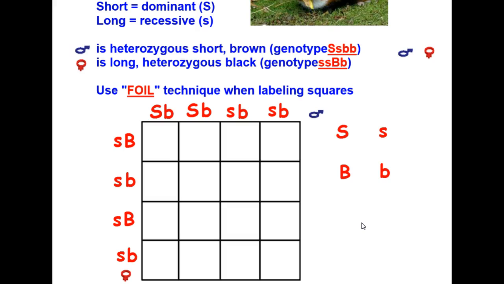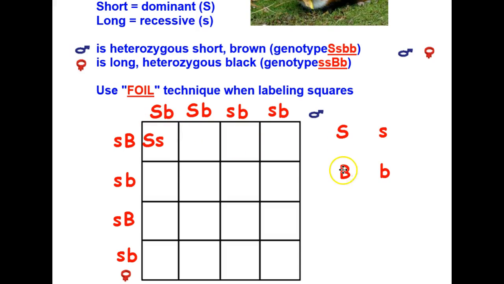And that's what, of course, makes these more complicated, is that instead of doing a 2x2 square, now you're doing a 4x4 square. Okay? All right, so now all you do is you take for each square and you combine what you have and express it back to a genotype that includes both alleles for each, in this case, short or long hair and black or brown hair. Okay? Well, here we have a big S, little s. And what I would recommend to you is that you put like letters together, put your S's together, put your B's together to stay organized.